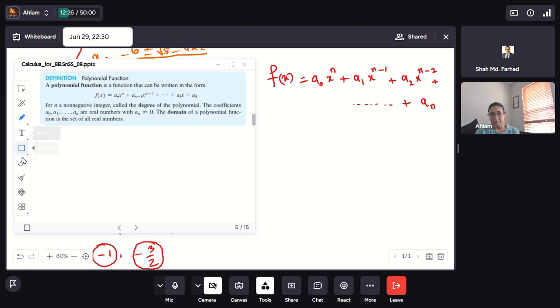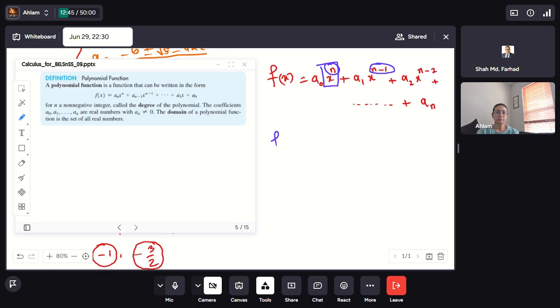Okay, now if we go for an example, for a polynomial function, the power of the variable must be an integer number, a positive integer.